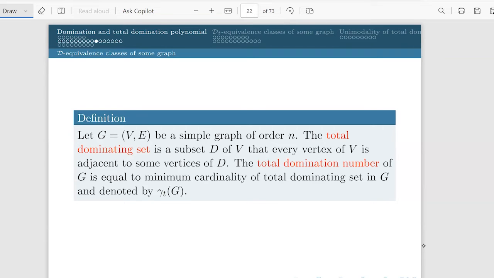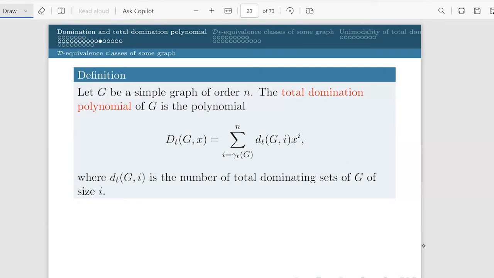Similar to the domination polynomial, we have the total domination polynomial, denoted by capital D sub T, which is the generating function for the number of total dominating sets of G. You see here the coefficient of x to the i is the number of total dominating sets of the graph with cardinality i.